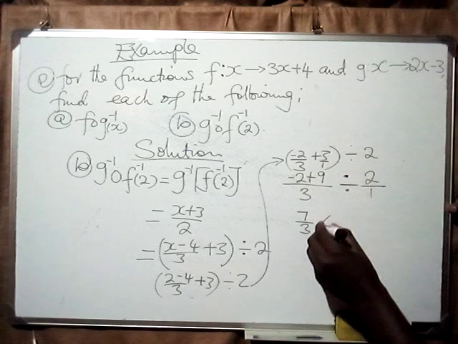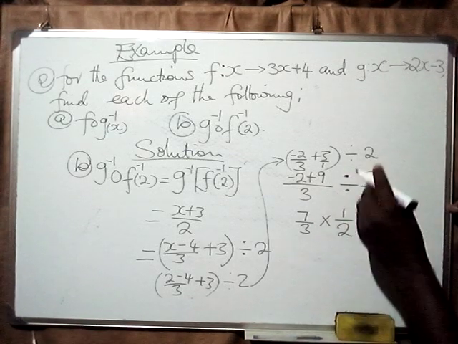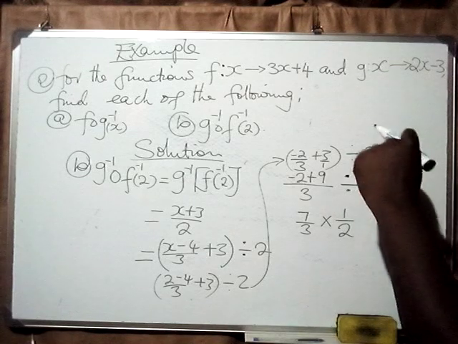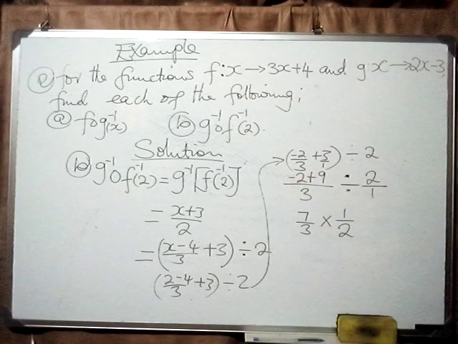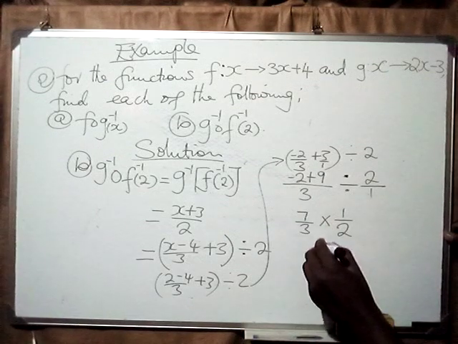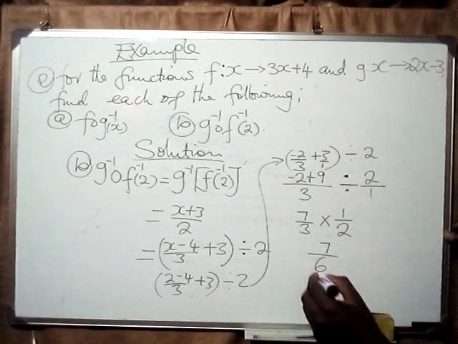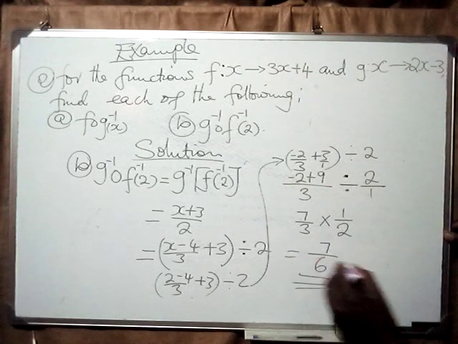Then when you are dividing fractions, it changes to multiplication. Then the other fraction is reciprocated. So we are going to have this one times that, we have 7. Then 3 times 2, we have 6. So this one marks our final answer, 7 over 6.